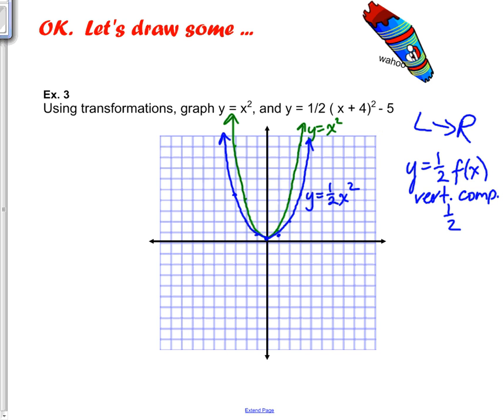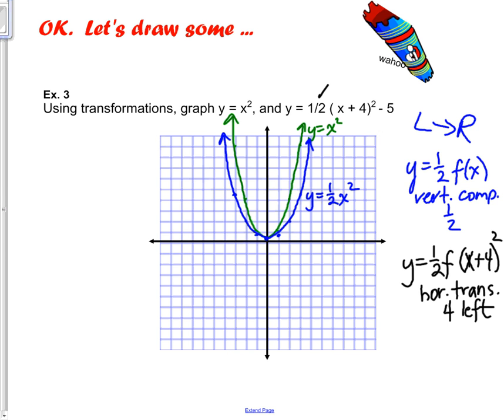The second thing that I see is x plus 4 squared. So we've got the plus 4. So my second transformation is to take your function and move it to the left or right, 4. And that is a horizontal translation, 4 to the left. So I'm going to take my blue one, exactly the shape that it is, and move it 4 to the left.